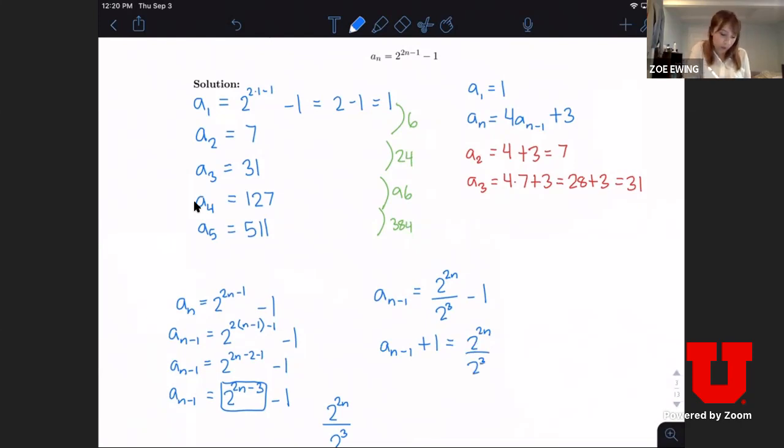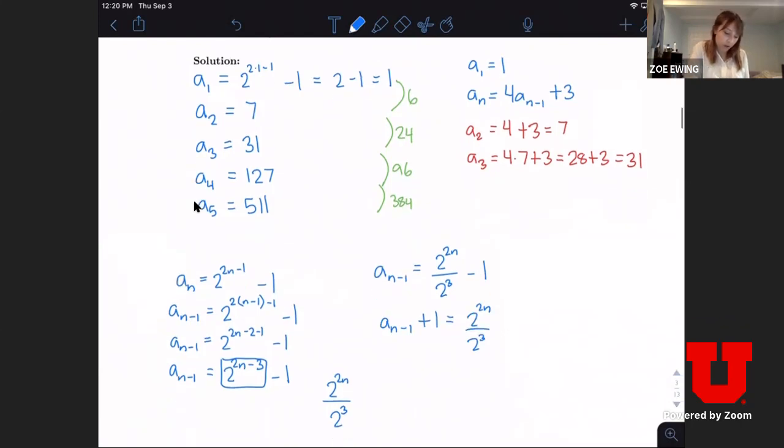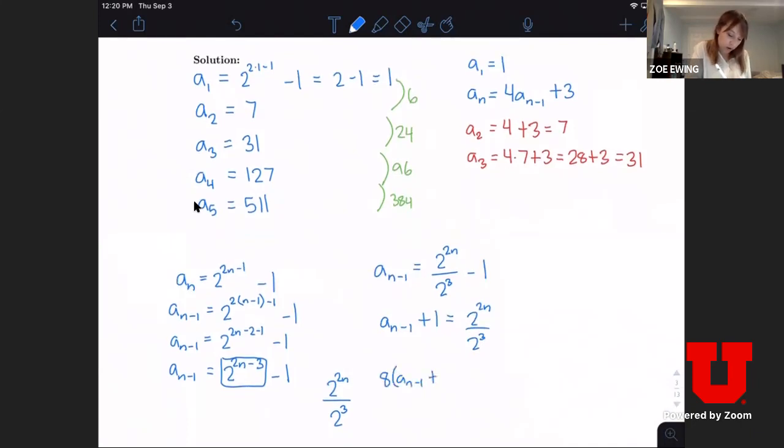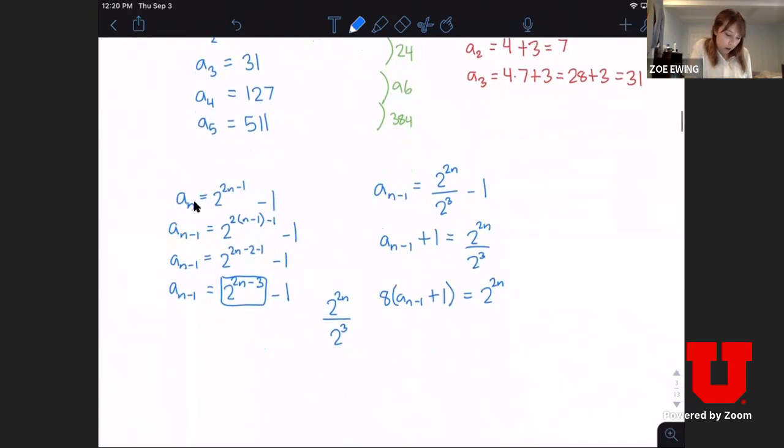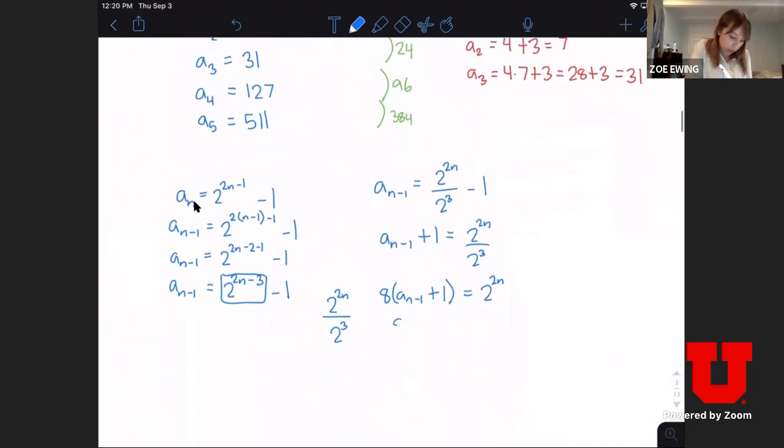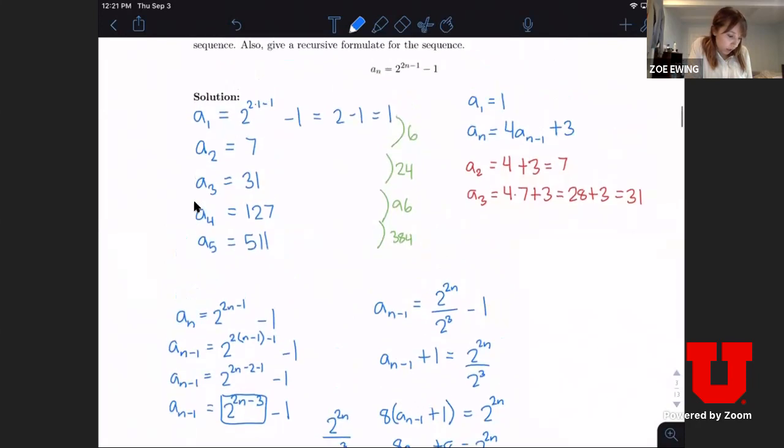And then we can multiply by this 2 to the 3rd on both sides, which is going to give us 8 times a_{n-1} plus 1 equals 2 to the 2n. So that gives us 8a_{n-1} plus 8 equals 2 to the 2n.